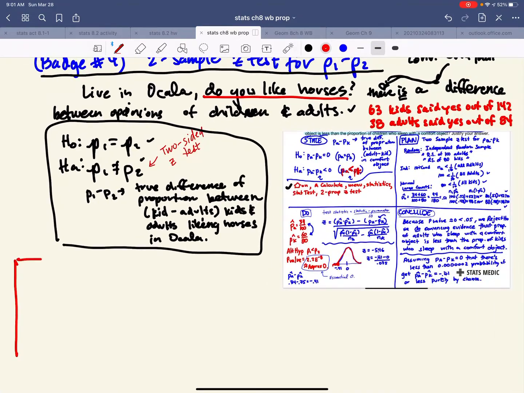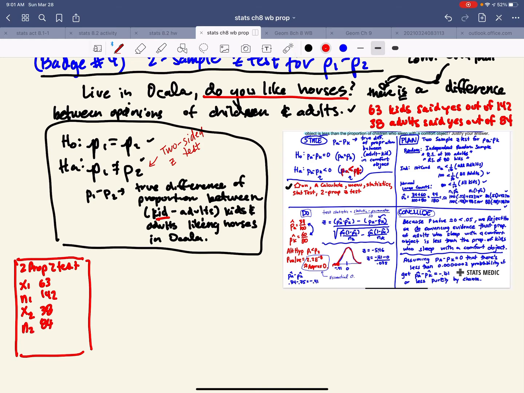So if we look at our calculator, it says 2 proportion z-test, x1, so that'll be our kids because we defined the first one as kids. 63 in 1, 142, x2, that's 38, into 84.